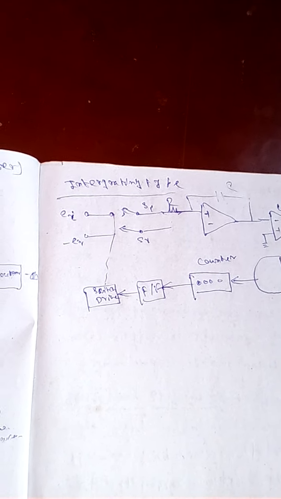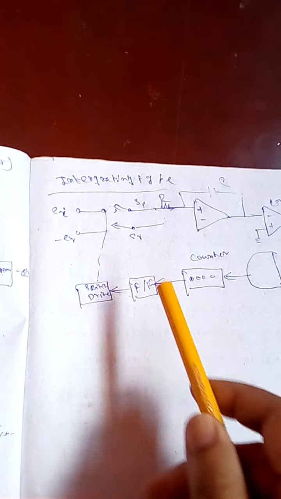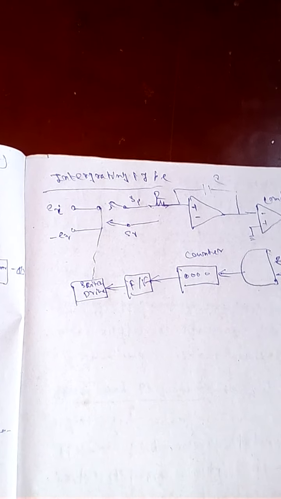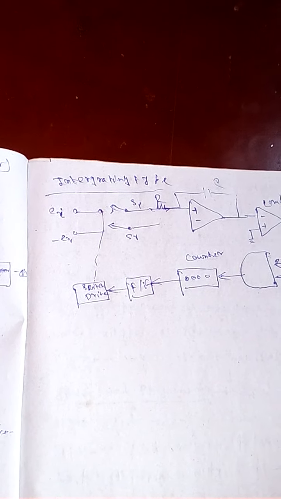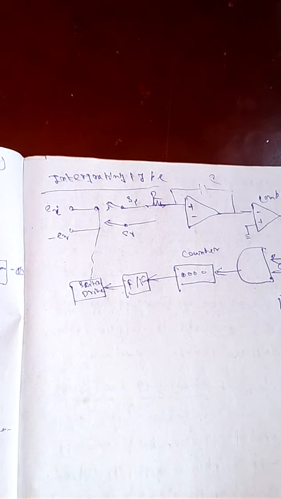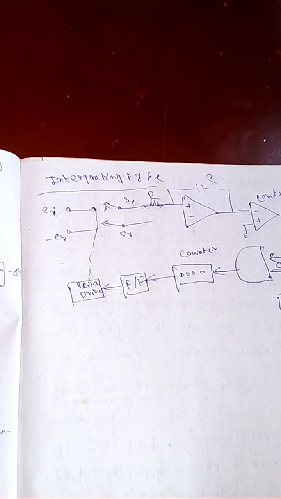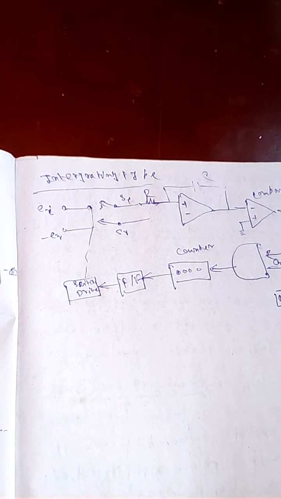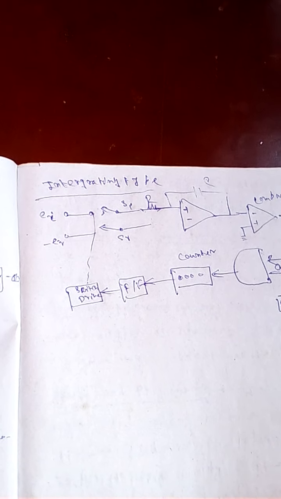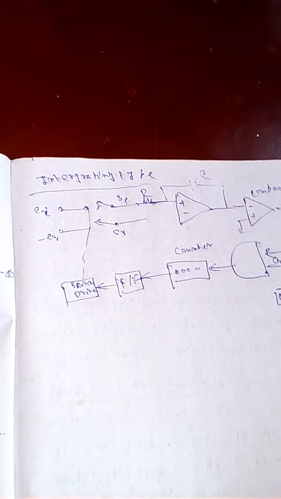So EI is then disconnected, and the ER switch is connected again, and so we get the negative slope at the output, and the discharging time is proportional to the input voltage. So the counter indicates during the T2 time, when the negative slope of the integrator goes to 0, the comparator switches to state 0, and the gate closes, so the counter is now disconnected. So we get the count.